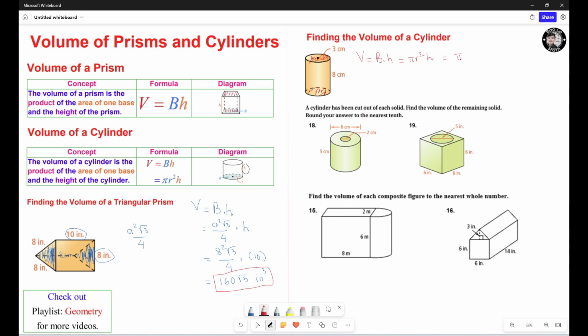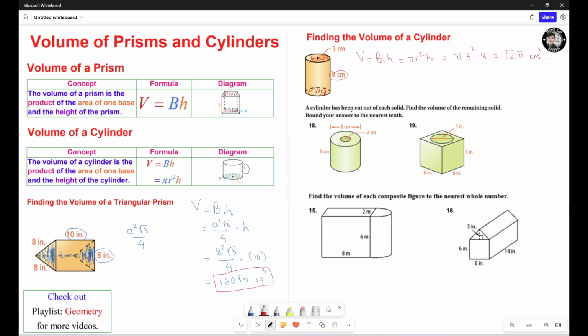Now substitute values: r equals 3. So it's 3 squared times height equals 8 right here. Alright, 3 squared equals 9. 9 times 8 is 72, so it's 72 pi cubic centimeters.